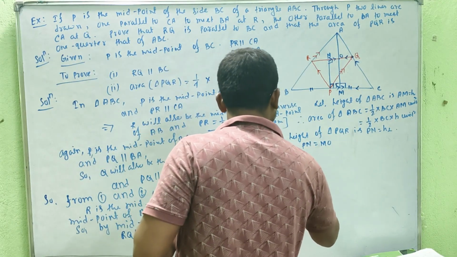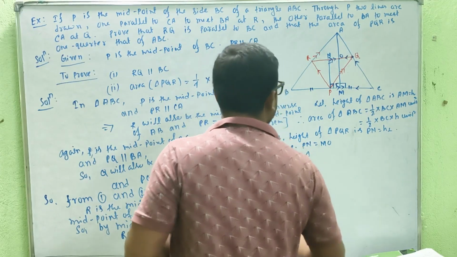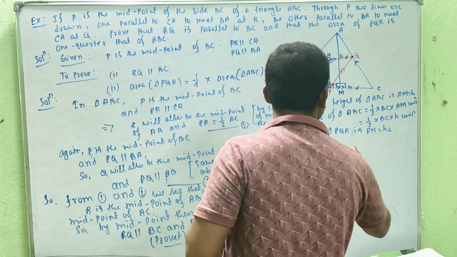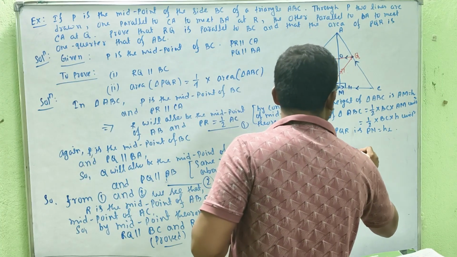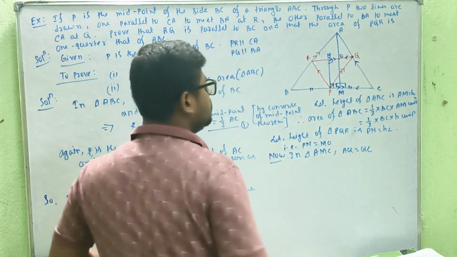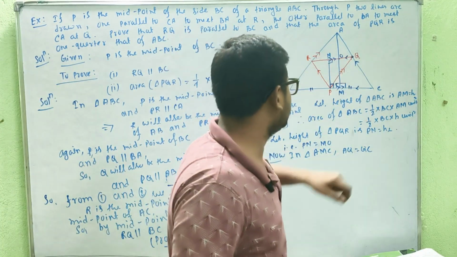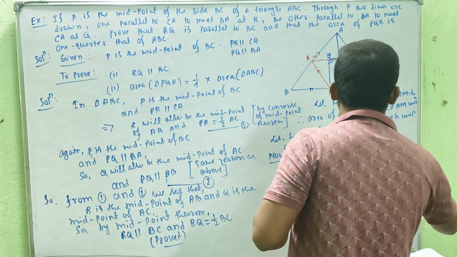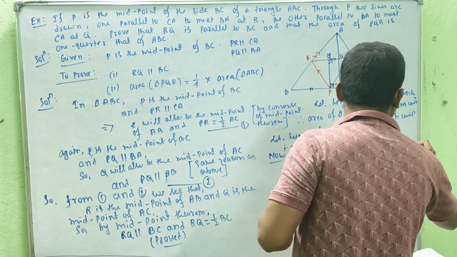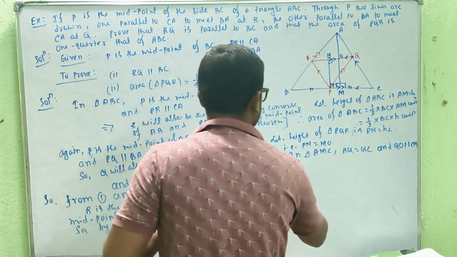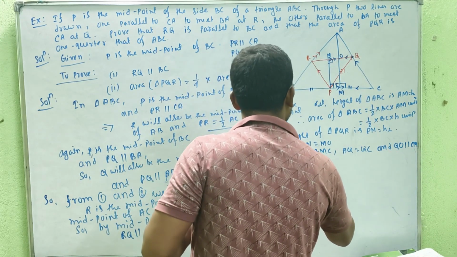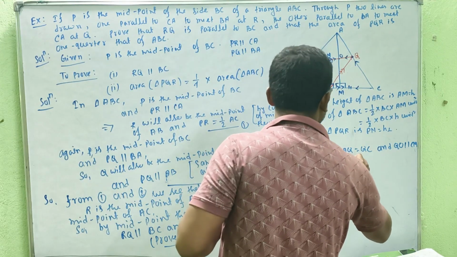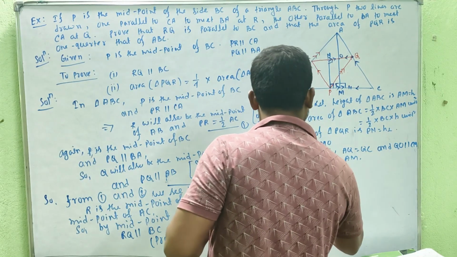Now in triangle AMC, AQ is equal to QC. Q is the midpoint, and QO is parallel to CM. This implies QO bisects AM.